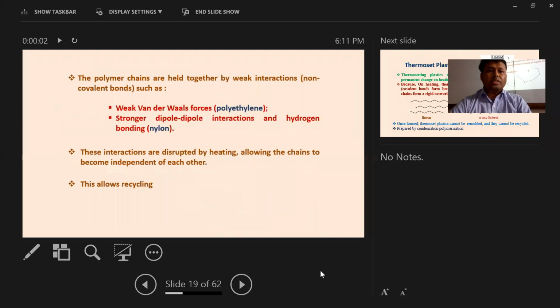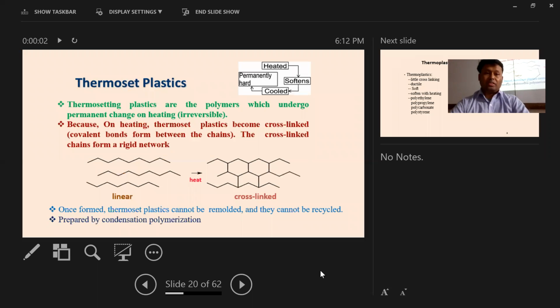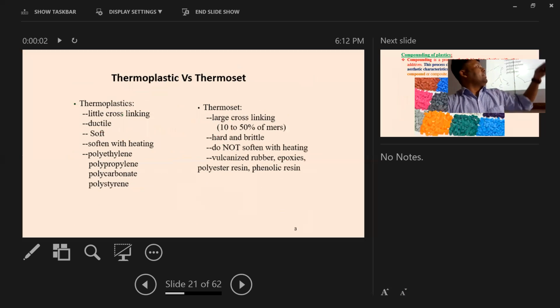Now, you can easily understand what is thermosetting plastic. It is very hard. This is thermoset plastic. That means you can see it is heated, softens, cools, and becomes permanently hard, so you cannot go the reverse way.